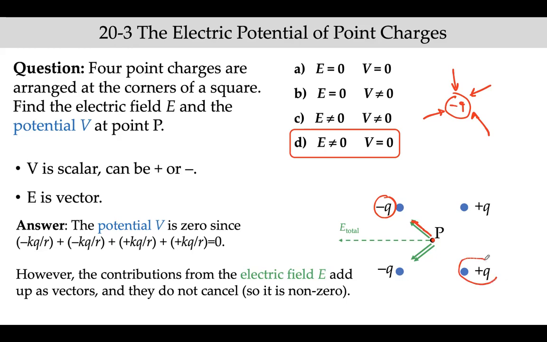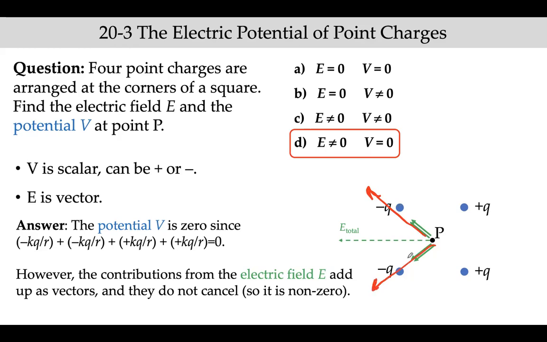And remember, positive charges have electric field lines going out from them. So at this point, it will create this electric field. This charge will create this electric field, and this charge will create this electric field. If you add these two vectors, they will maybe add up to this vector, and these two will add up to this vector.